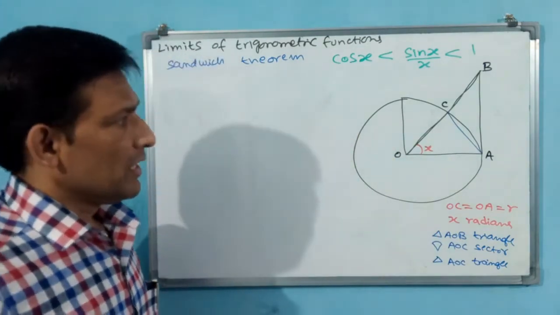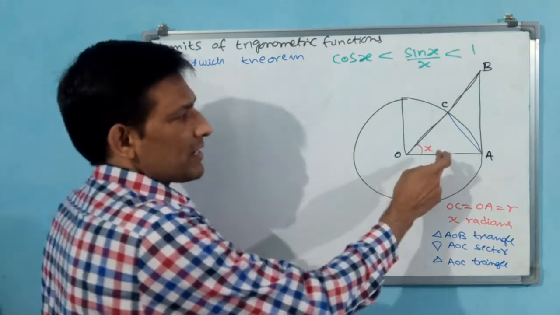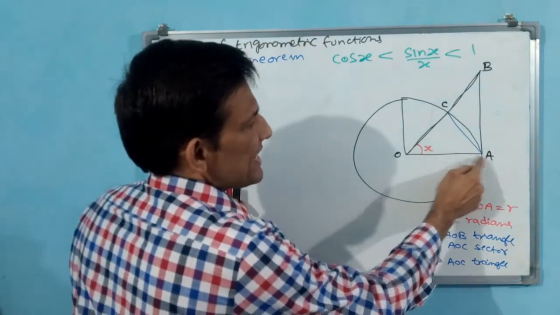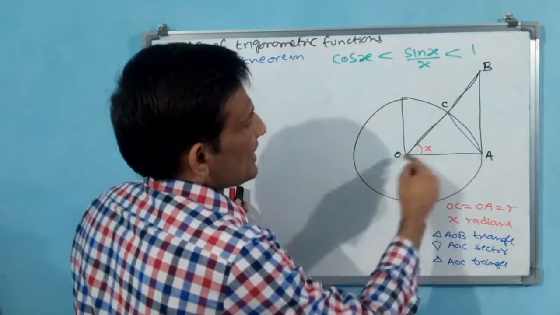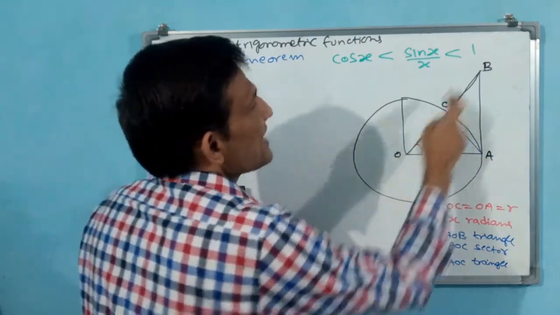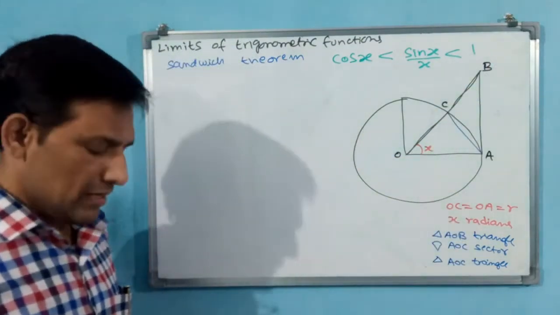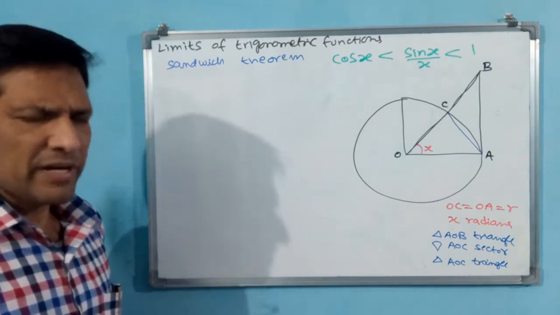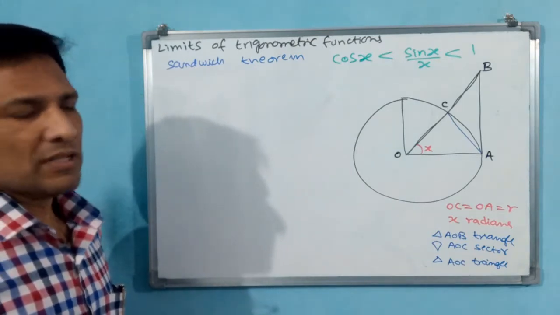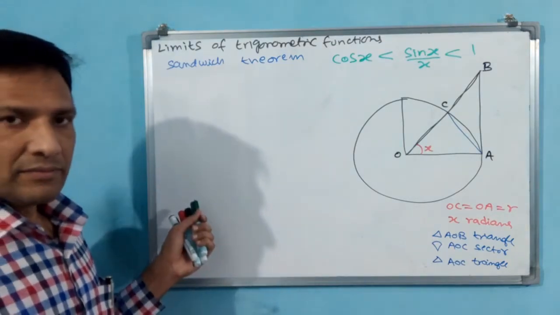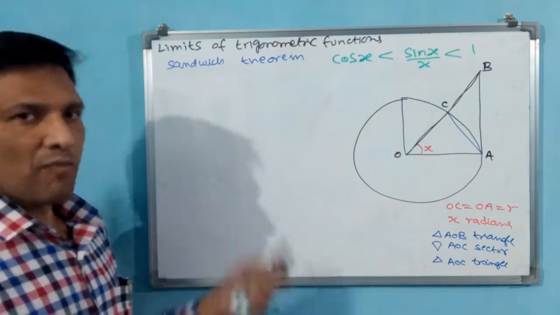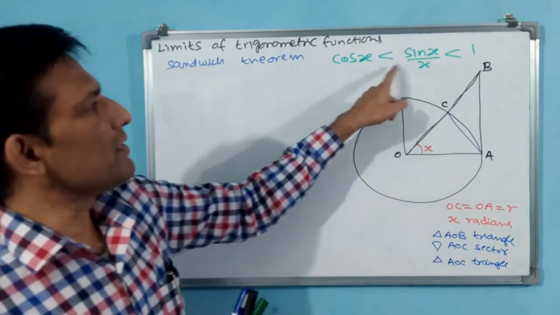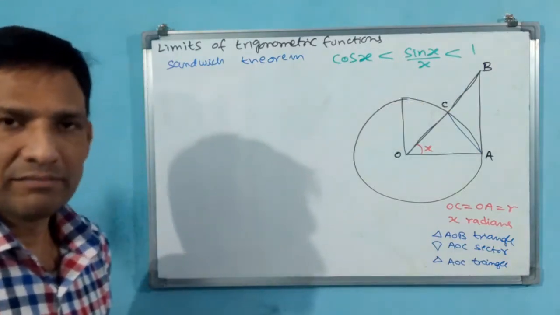Now see here, 3 parts are there: triangle AOC, sector AOC, triangle AOB. Now you tell me which is bigger area wise. Normally for bigger, you only have to see the area, because we are comparing less than, equal or greater than.